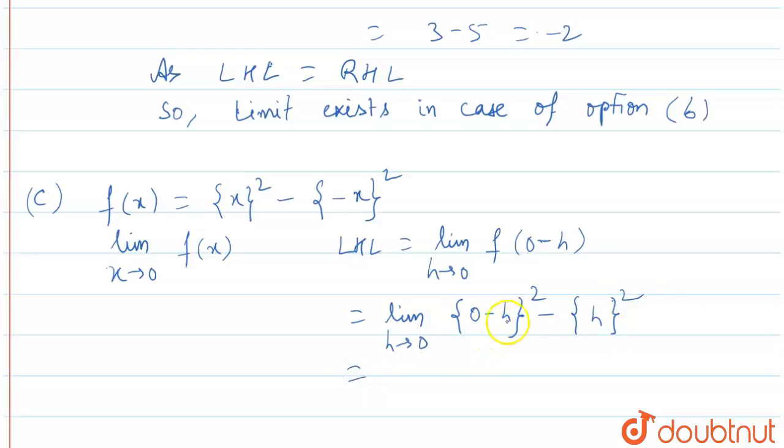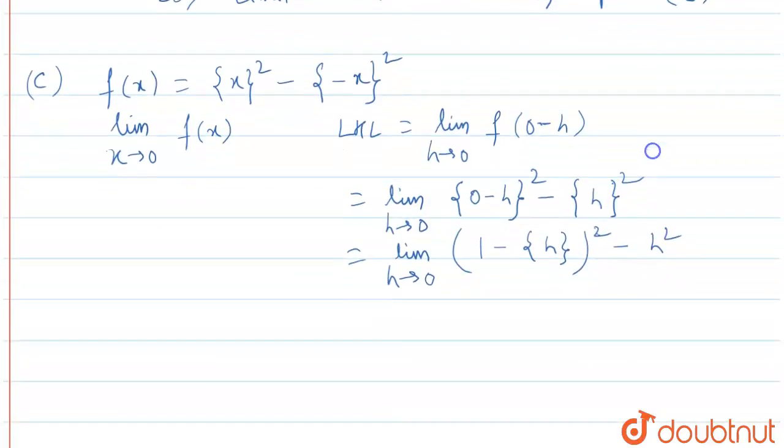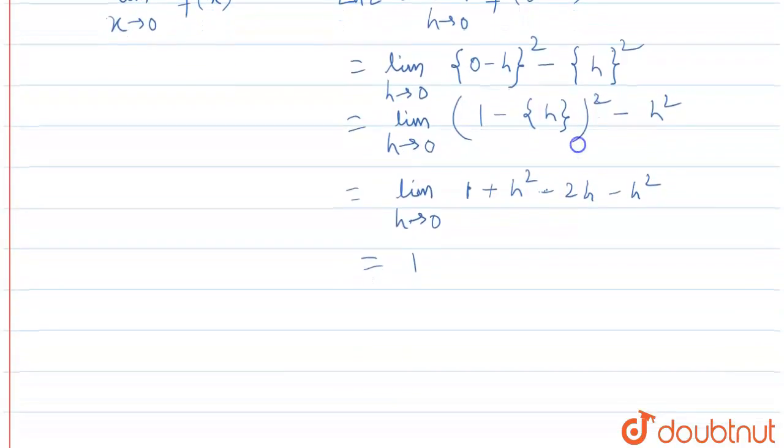A value just less than this one gives us limit h tends to 0, we can write 1 minus fractional part of h square minus this value will be equivalent to h square. Now we have here limit h tends to 0, this value equal to h. So here we have 1 plus h square minus 2h minus h square. H square got cancelled out, 2h will be tending to 0. So we have got the value tending to 1.